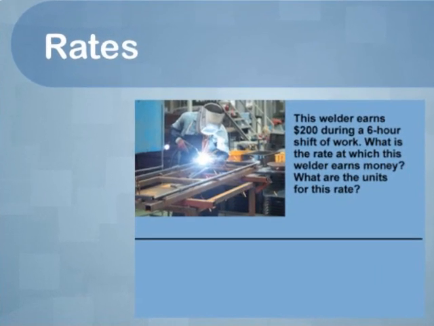This welder earns $200 during a 6-hour shift of work. What is the rate at which this welder earns money? What are the units for this rate? This is an example of an hourly rate of pay, sometimes called an hourly wage. To calculate it, find the ratio of dollars to hours.